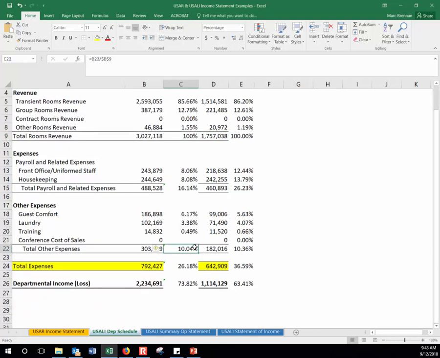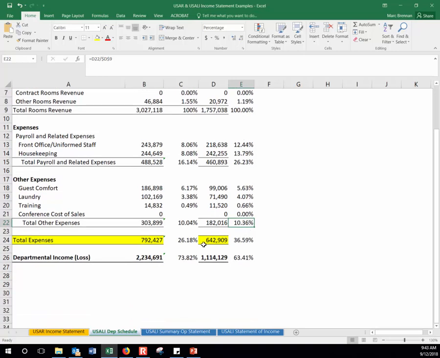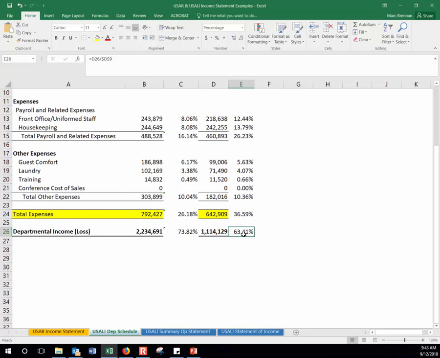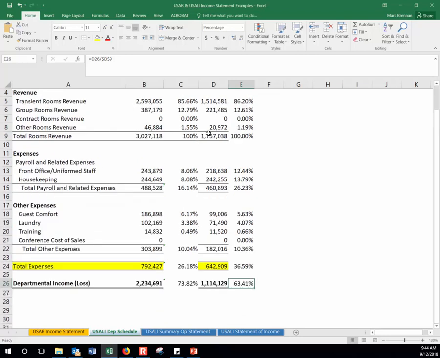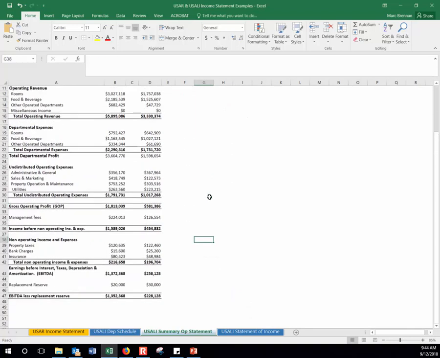For your other expenses, they stay the same as a percentage of total revenue, pretty close, so I'm not concerned there. My total expenses though, because of that payroll, as a percentage of total revenue went up quite a bit, okay? Which means that my income went down as a percentage of total rooms revenue. So that's how you would analyze that.